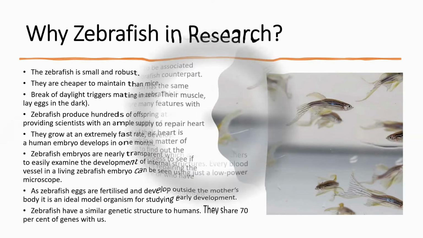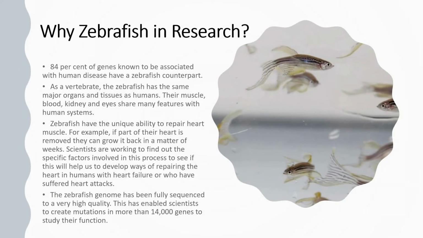Yes, 70%. Now, 84% of the genes known to be associated with human diseases have a zebrafish counterpart. Isn't it awesome? We already have a 70% genetically similar makeup, and out of that, 84% of the genes known in humans to contribute to some disease or the other have a counterpart in zebrafish. This is wonderful.